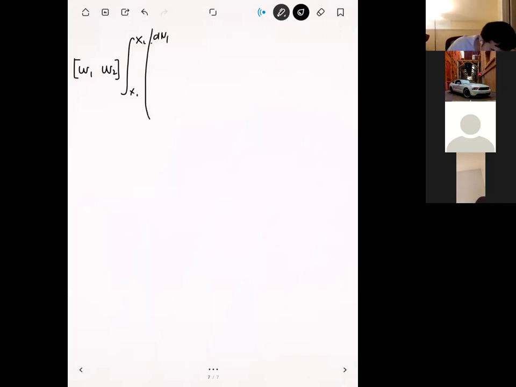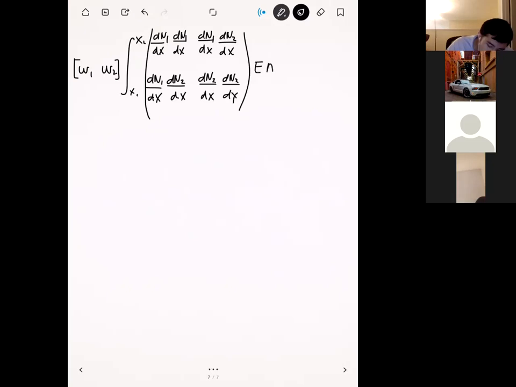So we have dN1/dx dN1/dx, dN1/dx dN2/dx, dN1/dx dN2/dx, dN2/dx dN2/dx, times E times A dx times u1, u2. That was our element stiffness term.